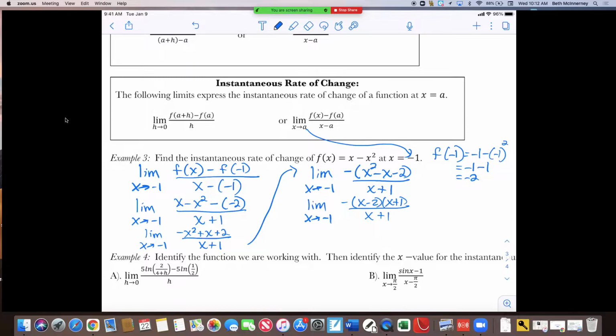That is going to be one of my factors, usually. So I'm going to cancel that and have the limit as x approaches negative 1 of negative x minus 2. So this is negative times the quantity negative 1 minus 2. So that's 3.